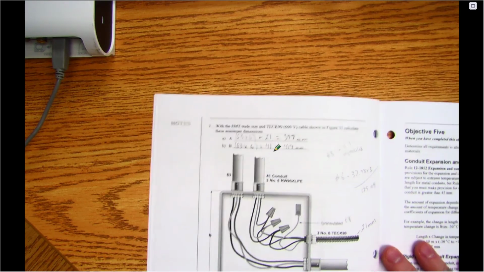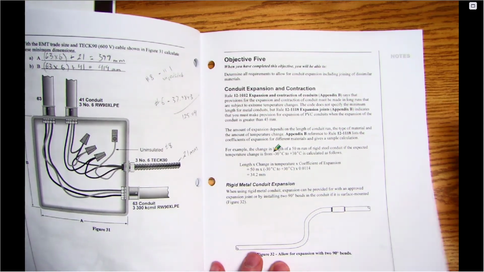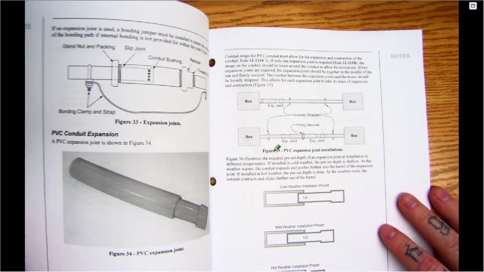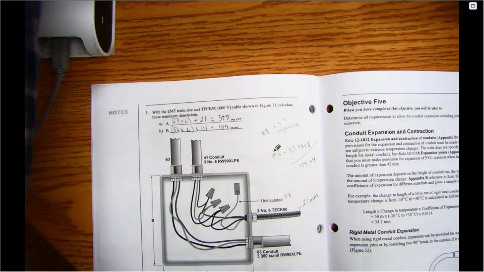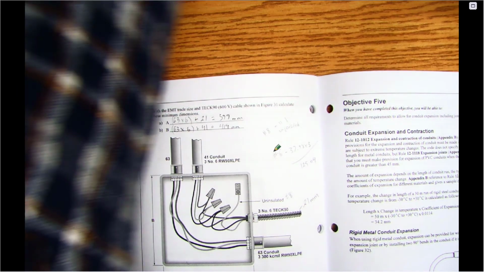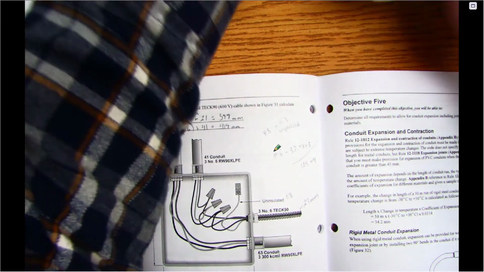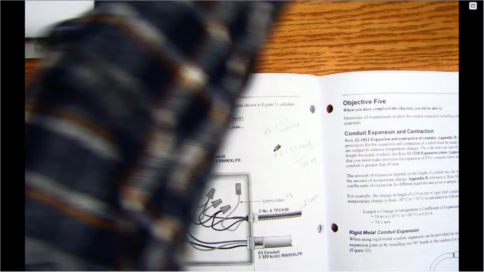Okay. Last thing they talk about is conduit expansion and contraction. It's not too terrible because the rule is right in the appendix. If we go to appendix B, it's not too terrible to use.